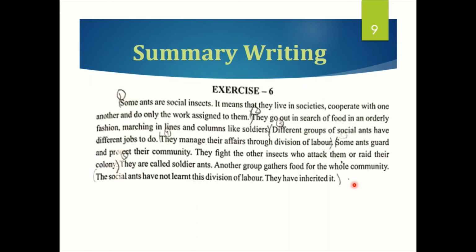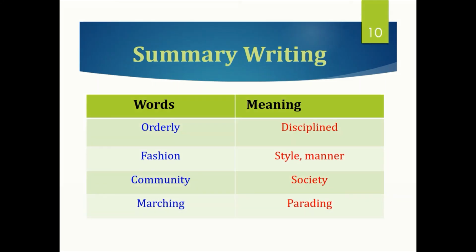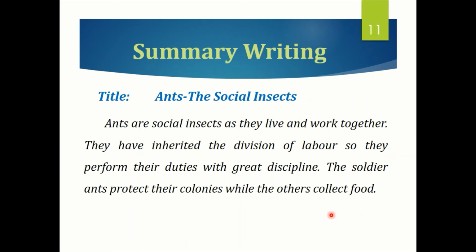So let's see what its word meanings are. Orderly means disciplined, fashion means style or manner, community is society, marching means parading, like the army men, like the soldiers. Now, what is its summary?